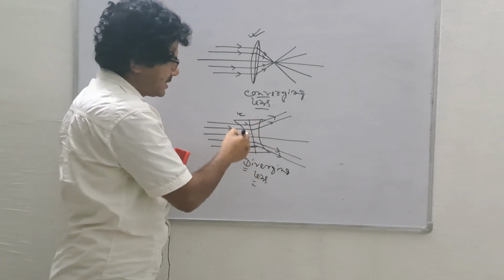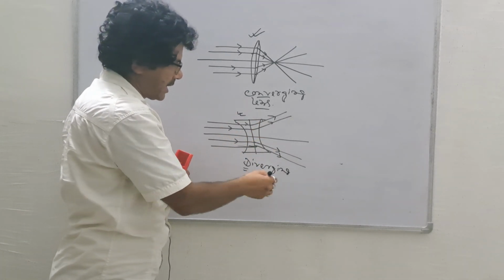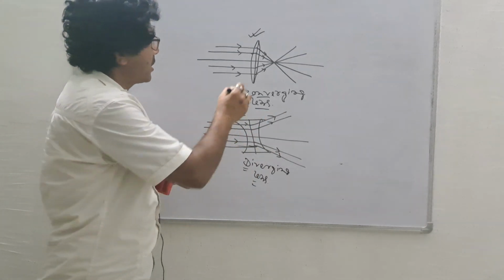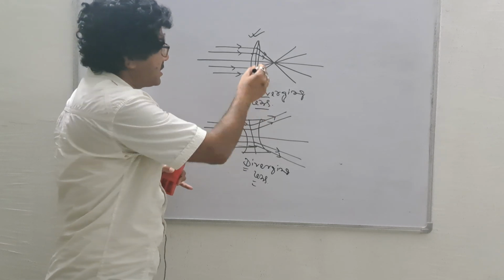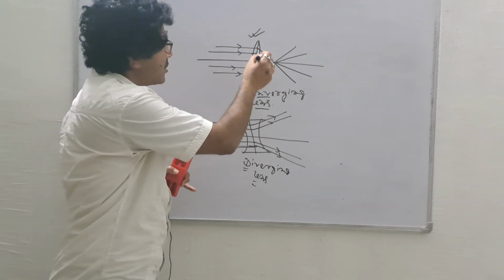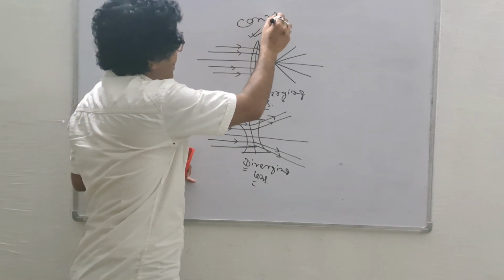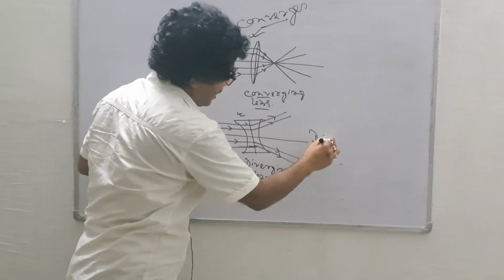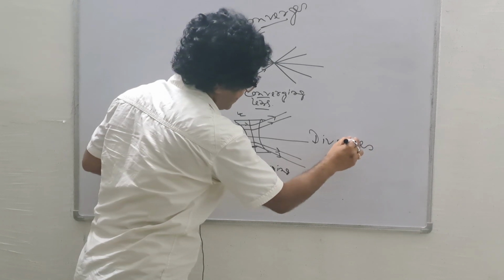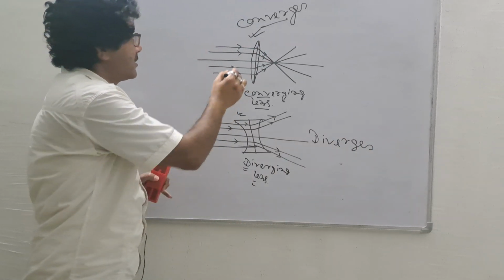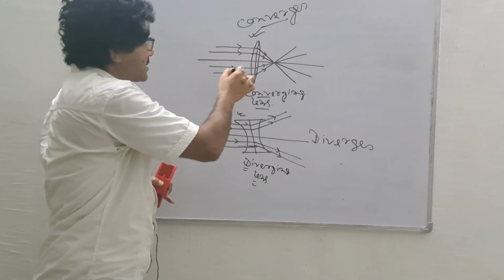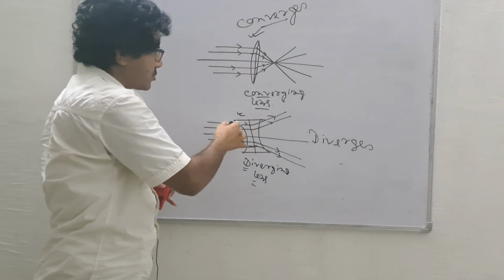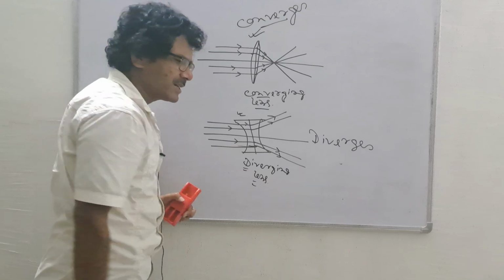Convex lens converges the parallel rays of light passing through it, so it is called a converging lens. This diverges the parallel rays of light passing through it, so it is called a diverging lens.